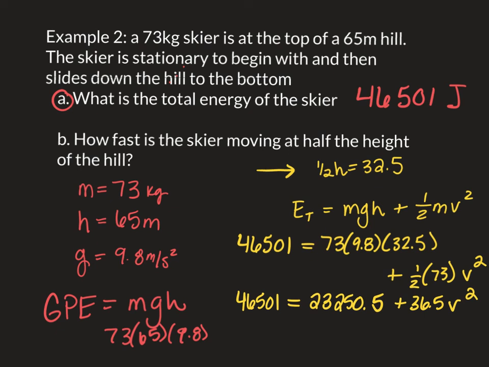Then we will subtract the 23,250.5 from the 46,501, which is 23,250.5. Then divide it by the 36.5 and then take the square root.